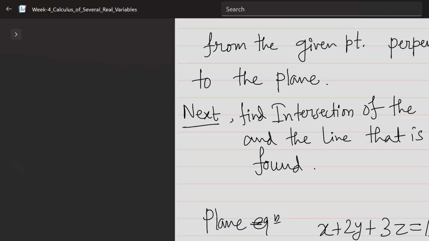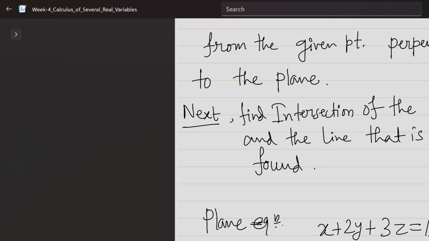Find the gradient of the plane. Gradient, but what is the vector here? The equation is given. From the plane equation, you have to find the equation of a perpendicular line.